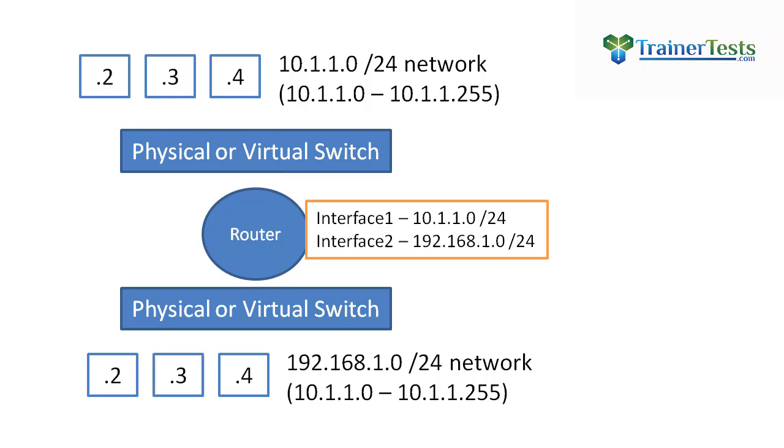At layer 2, I have MAC addresses, Ethernet network. So when this machine, 10.1.1.2, sent that packet towards its default gateway, the IP addresses weren't the only addresses on there.